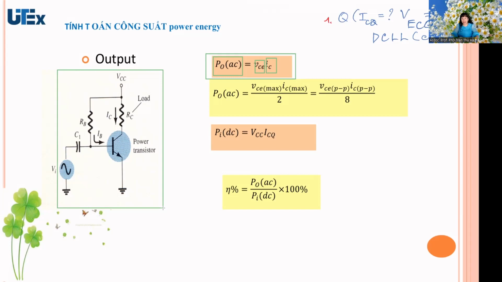When we have class A, it means we have the QMS, right? But following the output signal here, we should know about the output signal. That's why we have DC. This is the number we should determine.